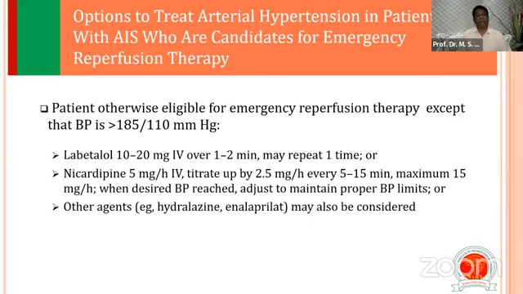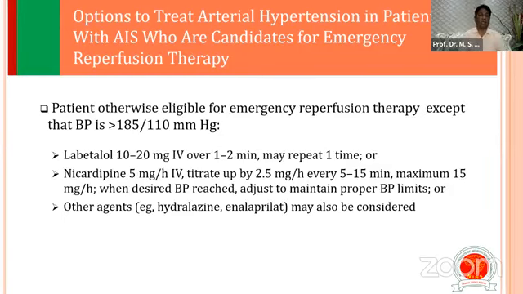When a patient with acute ischemic stroke has arterial hypertension, we need blood pressure less than 185 over 110. If the blood pressure is more than 185 over 110, we give labetalol 10 to 20 milligram IV over 1 to 2 minutes. Then we wait 15 minutes and measure the blood pressure.